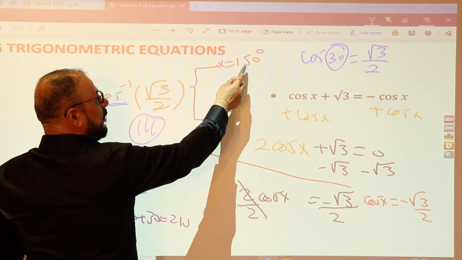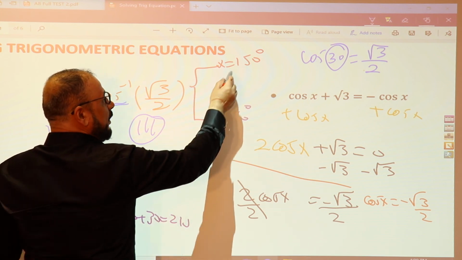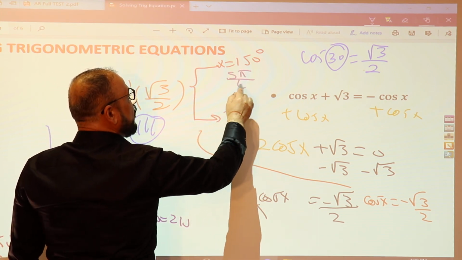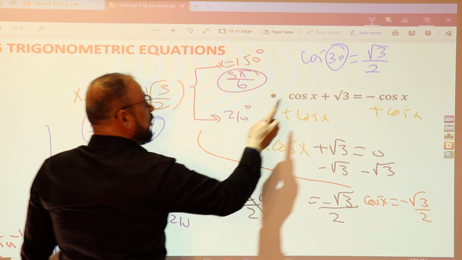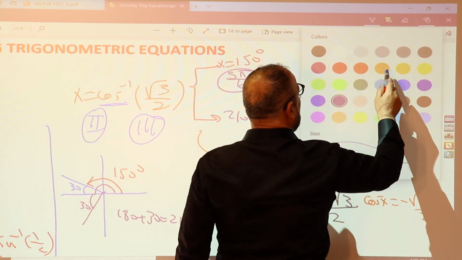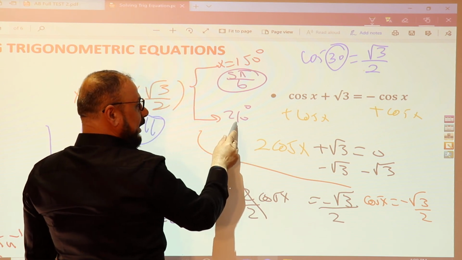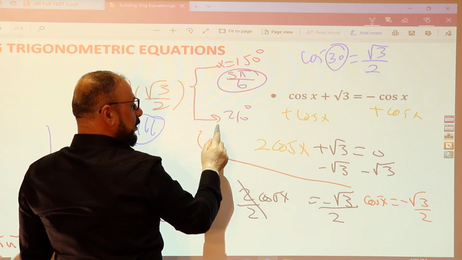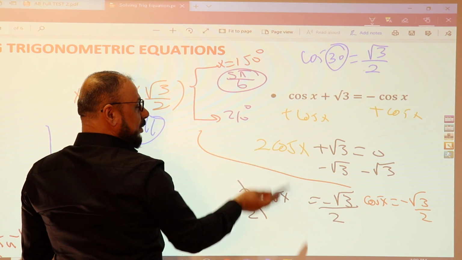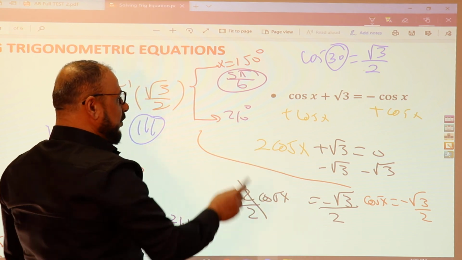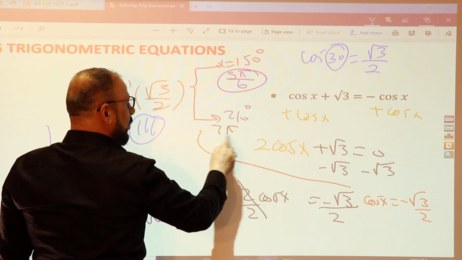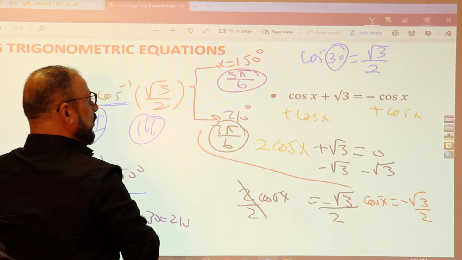And 150, we said 180 minus pi, 5 pi over 6. And the 210 is 180 plus pi, which is how much? 7 pi over 6 for this problem.